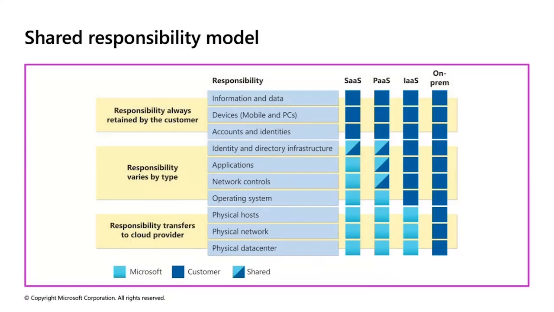We bring our own code here, we deploy applications in Azure App Services, and we present these applications to our customers, to our employees, depending on where I want to publish it. So definitely for the core components, Microsoft is handling physical data center, physical network, physical host, including operating system. But for network control, some control will already be configured by Microsoft and some control you can configure based on your deployment.